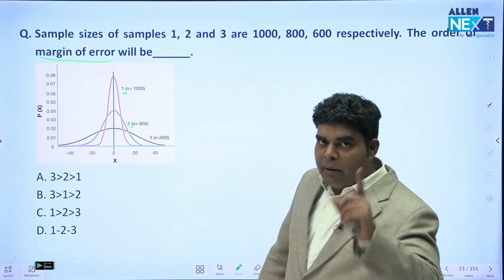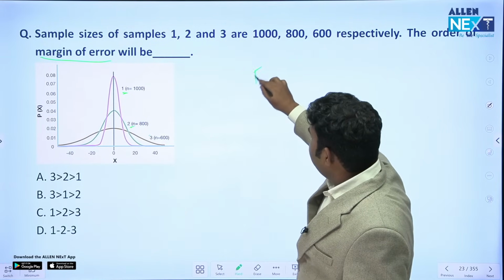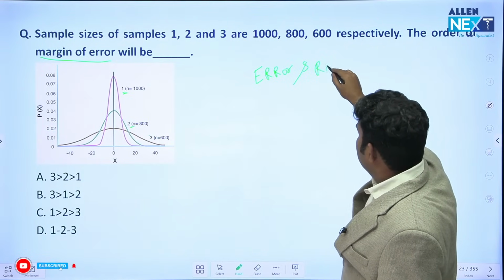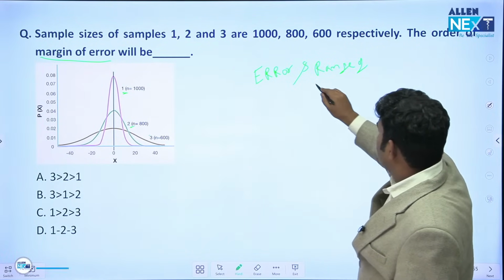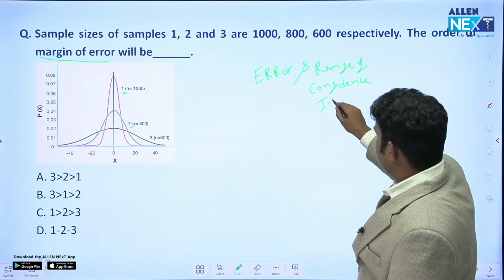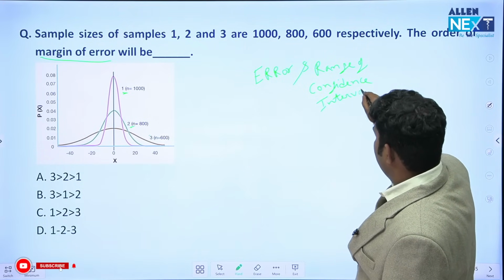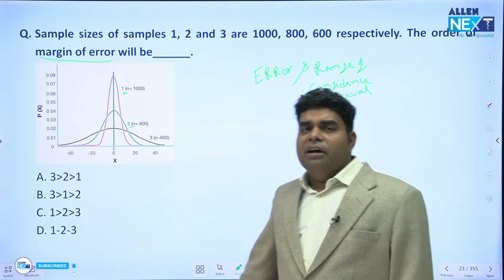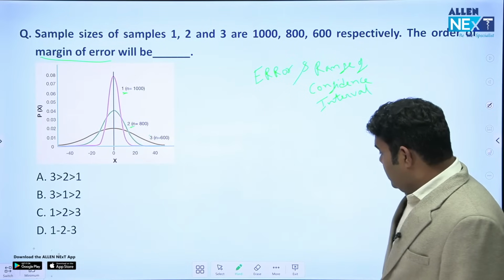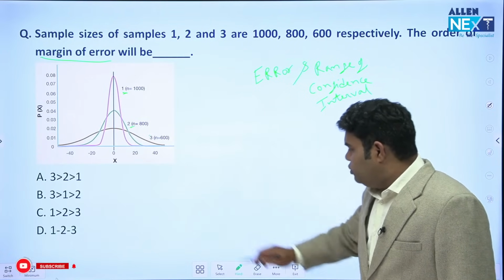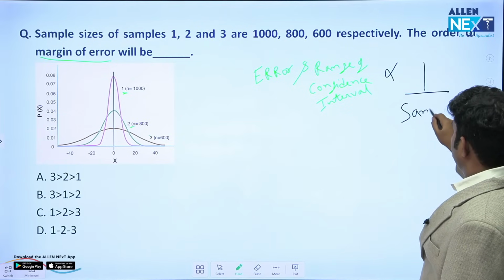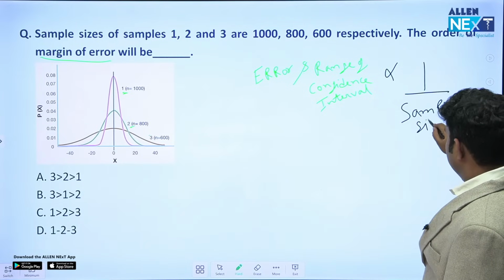So my dear friend, do remember, all kinds of error and range of confidence interval, these two things, range of confidence interval and standard error, or any standard error, standard deviation, but mostly standard error and range of confidence interval, are inversely proportional to sample size.